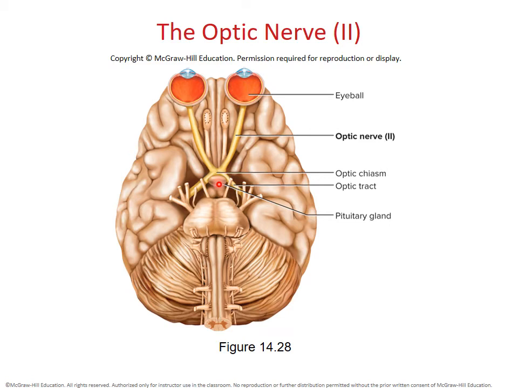And I may have mentioned this before, but in some cases where people have to have surgery on the pituitary gland, sometimes, for instance, they have too much growth hormone resulting in gigantism, which can be life-threatening. Generally speaking, the best way to access the pituitary gland is through the nasal cavity, to drill up through the nasal cavity to access the pituitary gland.